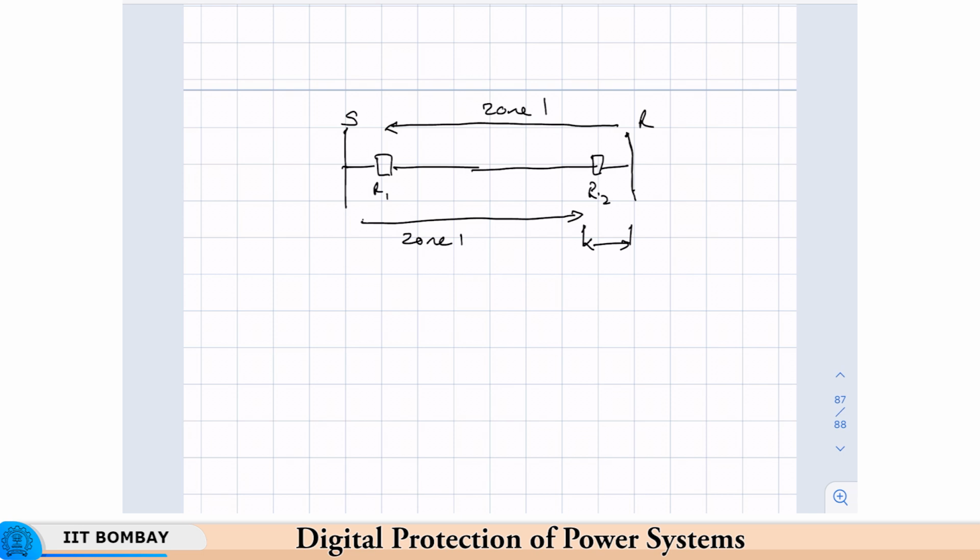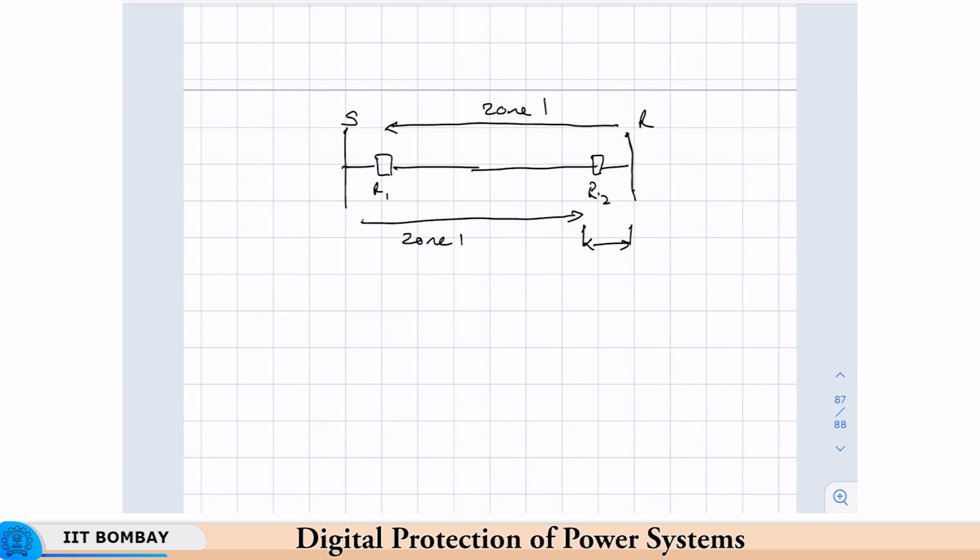Even now, though for shorter lines, current differential protection is now being used as the primary protection. But coming back to distance protection, it is not very desirable to leave a fault here, so to say, hanging for the zone 2 time, maybe 200 milliseconds, 250 milliseconds or 300 milliseconds.